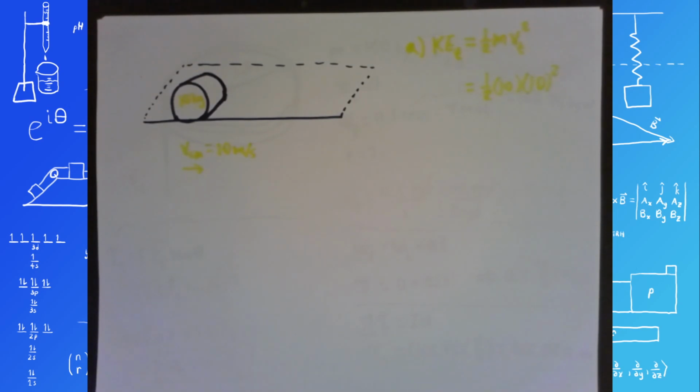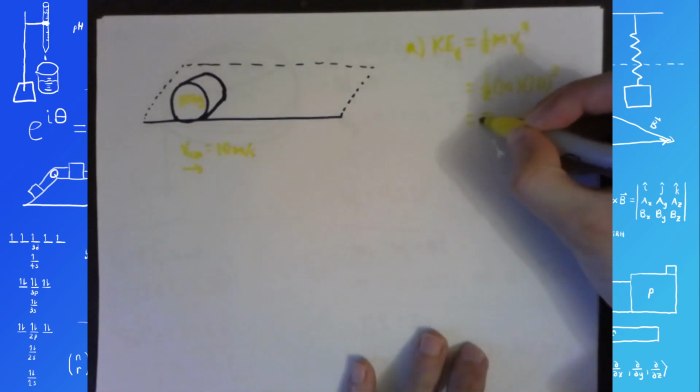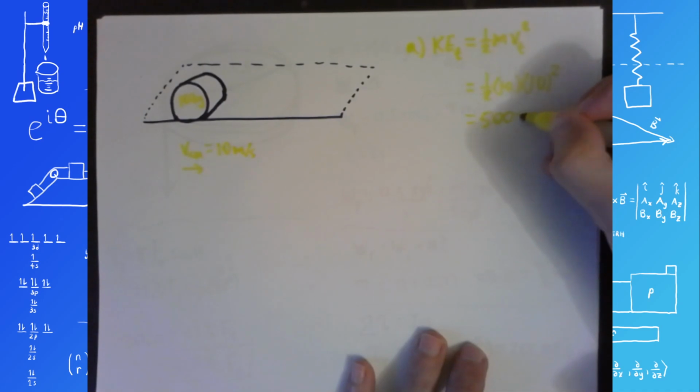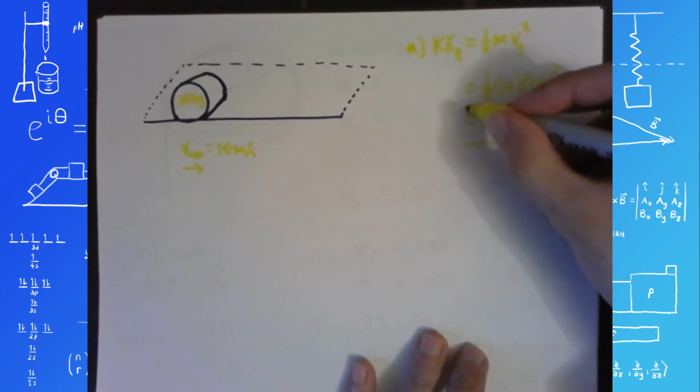Half of 10 is 5, and 10 squared is 100. 5 times 100 is 500 joules of translational kinetic energy.